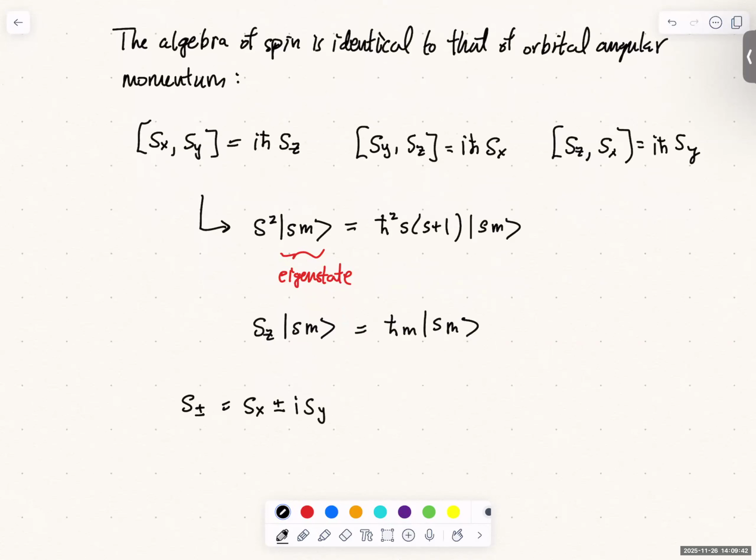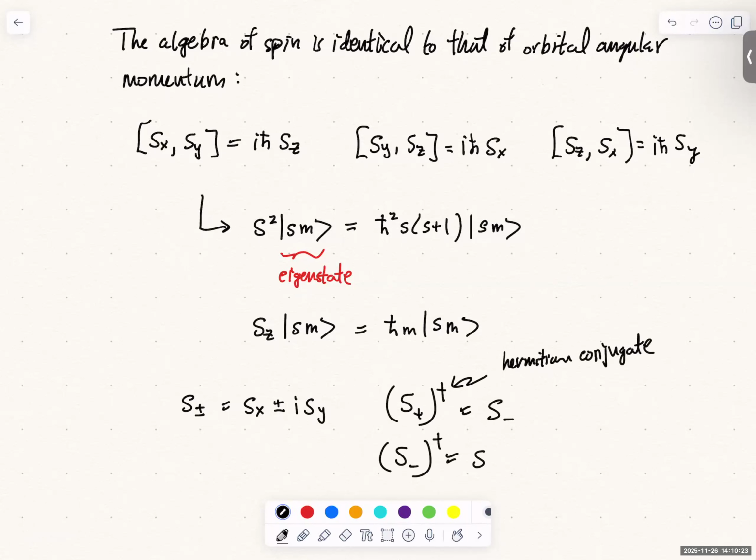If I take the Hermitian conjugate, or adjoint, I think you worked out the Hermitian conjugate of the L plus operator in the assignment that you just handed in, and you showed that it gave the L minus. And so S plus becomes S minus, and if I take the Hermitian conjugate of S minus, I'll get S plus.